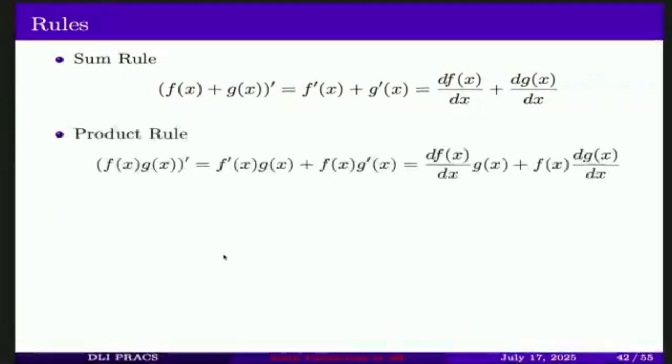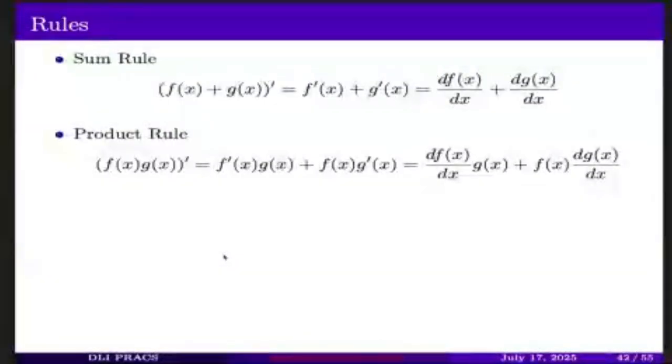The product rule is a bit more interesting because now we are not doing a simple sum, we are doing a multiplication. And the rule is, you have two functions, f and g, you multiply them. The derivative of that is, first consider the change you are doing in f, multiply what you get from that change with your function g, all right? And then add to that the change in g, so that's g prime.